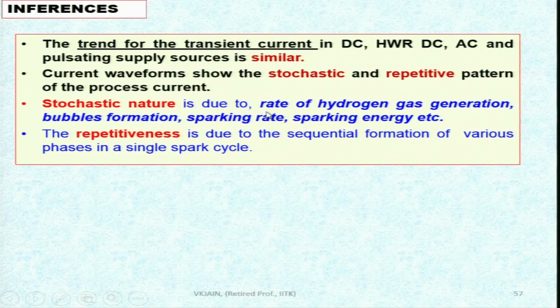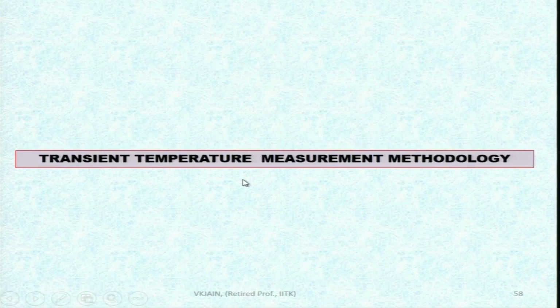Stochastic nature is due to the rate of hydrogen gas generation, bubble formation, sparking rate, sparking energy, and other factors. The repetitiveness is due to the sequential formation of various phases in a single spark cycle. Now, here deliberately it has been mentioned single spark cycle. I will show you its importance later on.